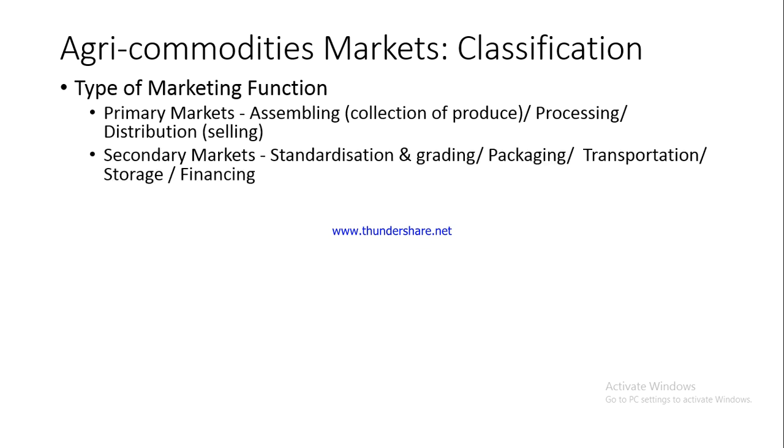However, secondary markets perform other functions, other support activities also. So secondary markets perform other functions. For example, there would be standardization and grading facilities. I have talked about standardization.